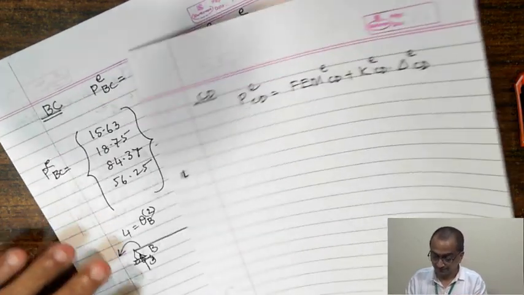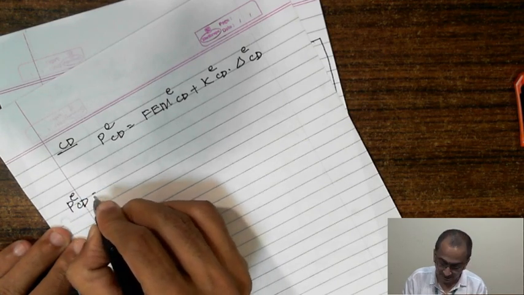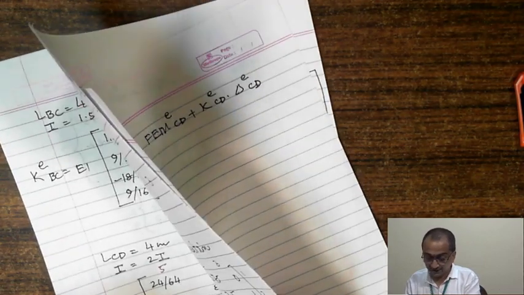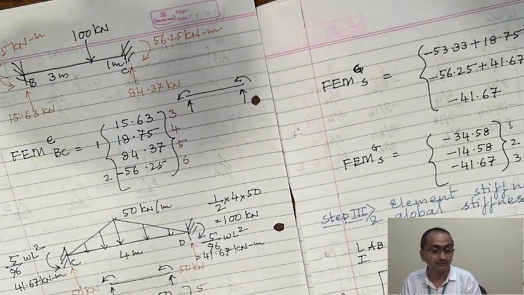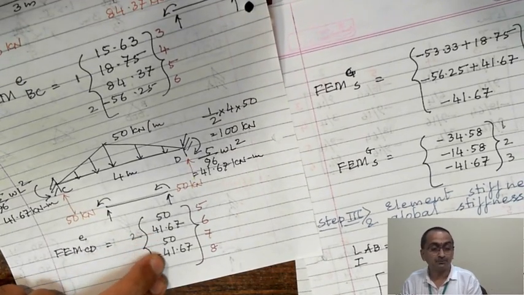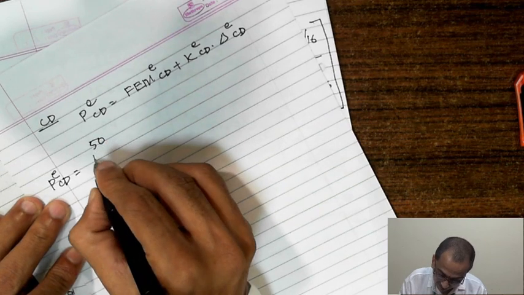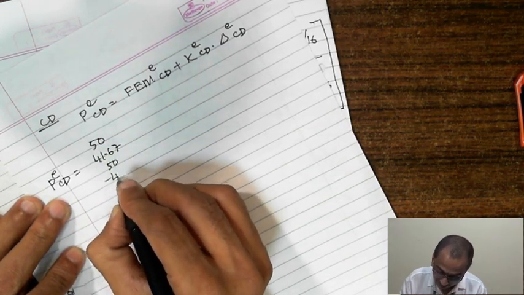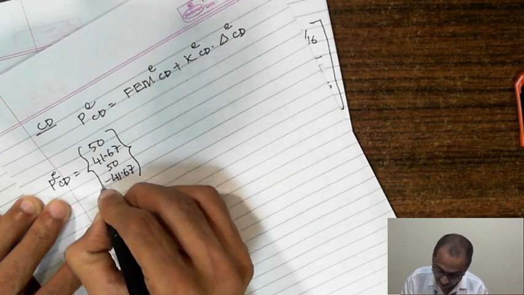I know P element CD is equal to, what is my FEM element CD? Yes, I have already calculated FEM element CD: 50, 41.67, 50, minus 41.67. I have already calculated this in the beginning.